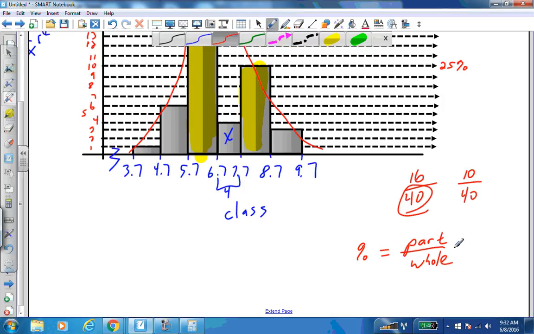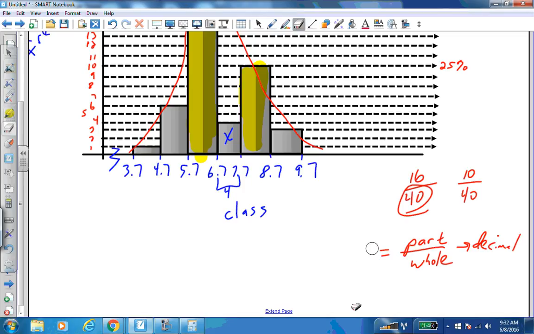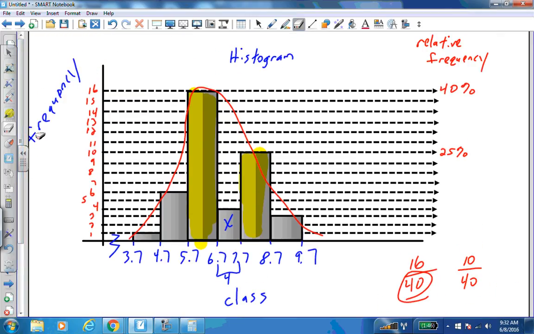Part, if we just do part divided by whole, that gives us a decimal. And then, of course, we can convert a decimal into a percent. But if we're just going by the count, the sheer count in each category, that's just the frequency or the absolute frequency.